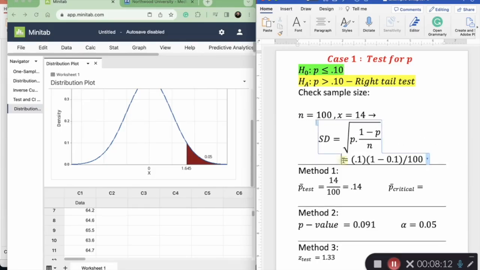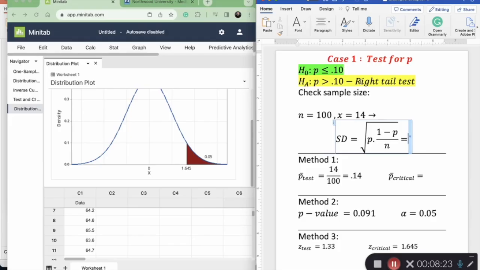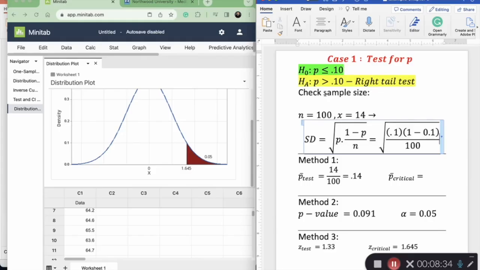So this equals what? Let's calculate it.